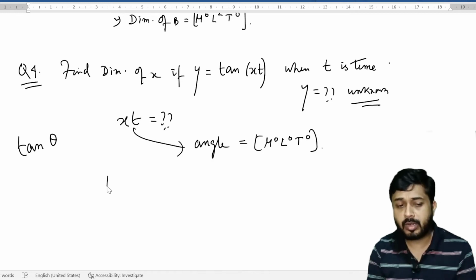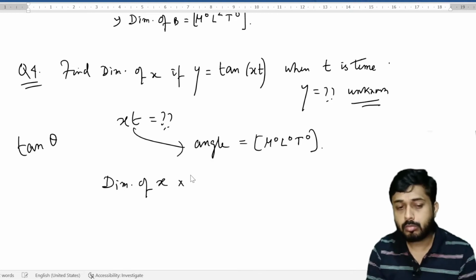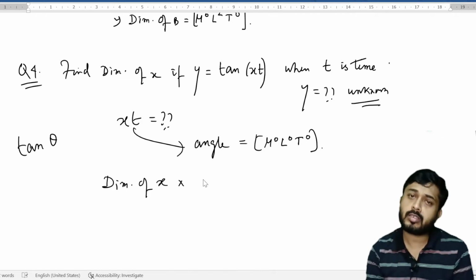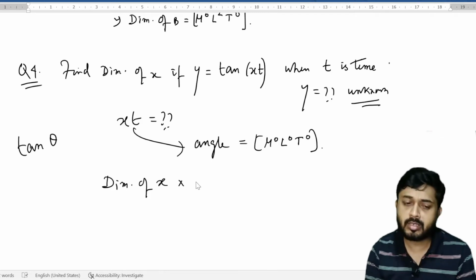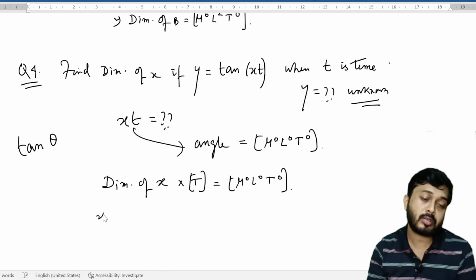And that is why we can write dimensions of x into dimensions of t. What is t? It's given right in the question itself that t is time. So I'm writing capital T is equal to M to the power 0, L to the power 0 and T to the power 0.